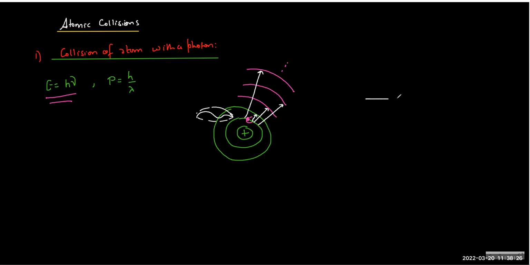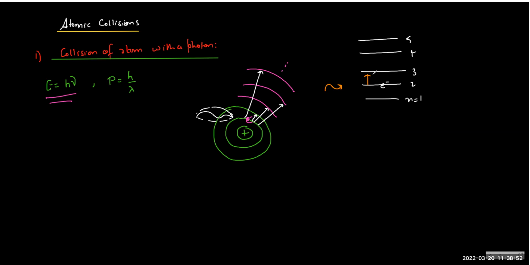It means, if the orbit in which the electron is presently present, let's say the electron is here. This is one, and so on. So the electron is here. Now if the incoming photon doesn't qualify, so let's say the photon energy is even less than the nearest excitation value.